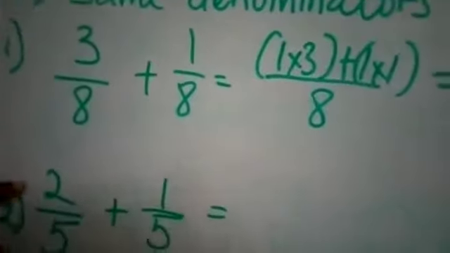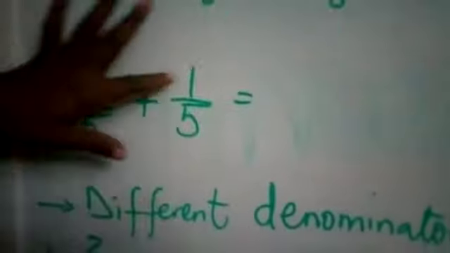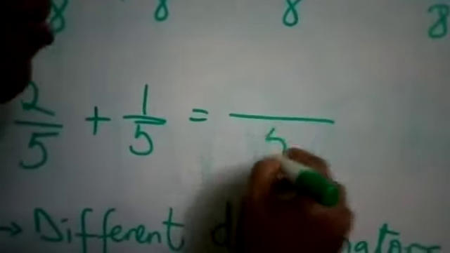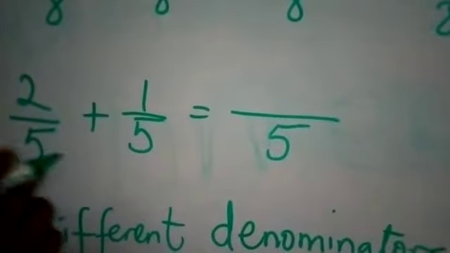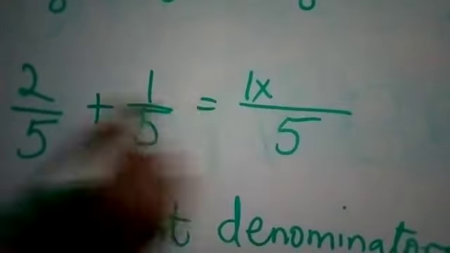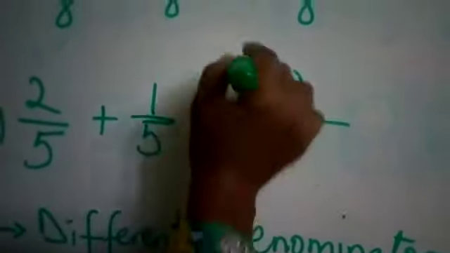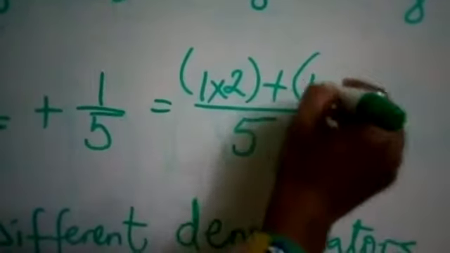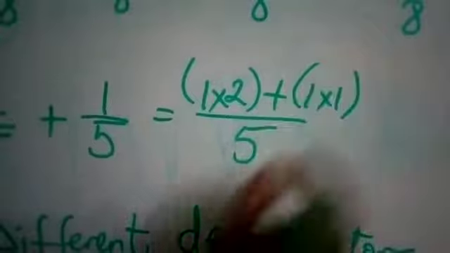The next example is 2 over 5 and 1 over 5, same denominator. 5 into 5 is 1 times the numerator 2, plus 5 into 5 is 1 times the numerator 1.